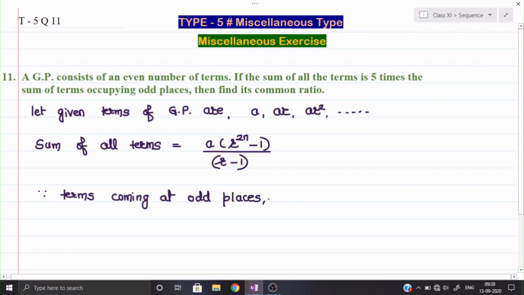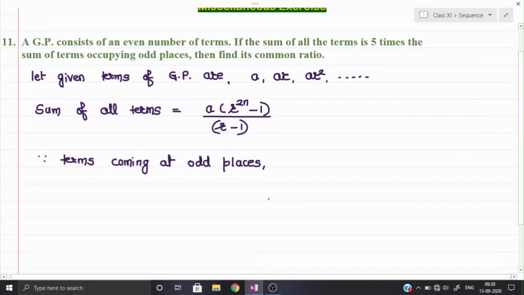Which terms are coming at the odd places? See, the first term is a, then the third term is ar square, then the fifth term is ar to the power 4, and so on. This will go up to, this is the important thing, n terms.